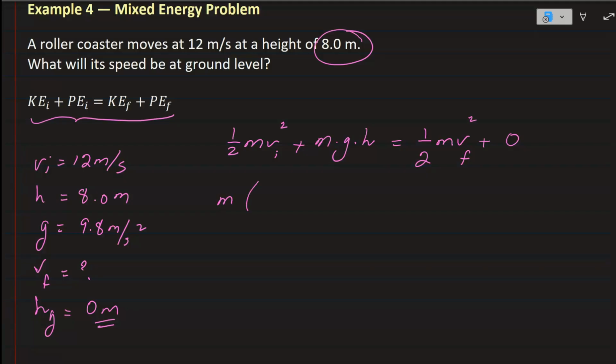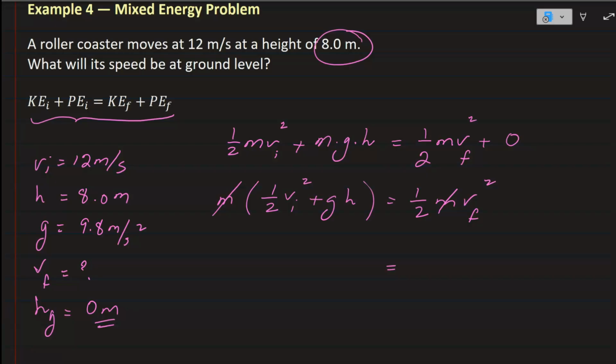So we'll get 1/2 v_i squared plus gh is equal to 1/2 v final squared. Here again, mass and mass, they divide. We don't care about the mass. They just cancel each other out. And then with whatever we have left, we're going to do the math with the equation that we have. Okay, so first thing, we're going to isolate the v final.